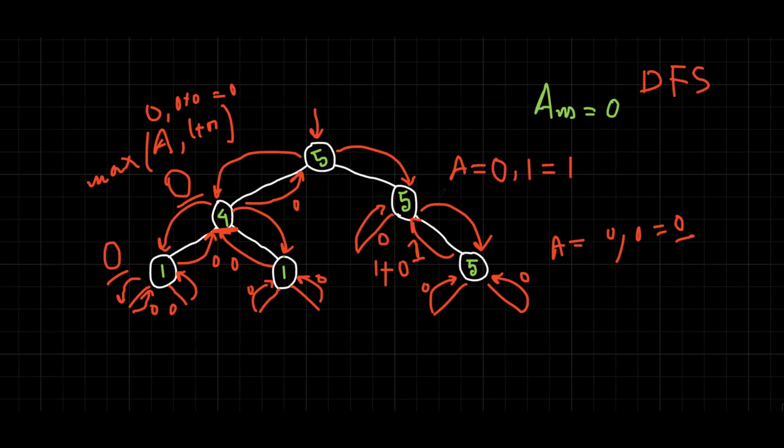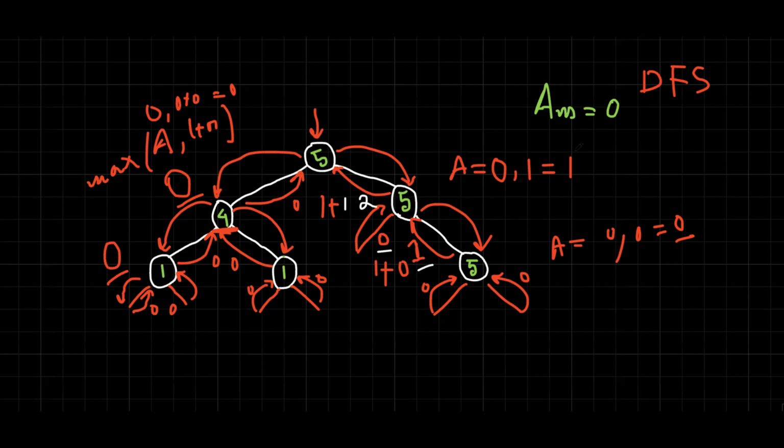So the answer will be 1. That means for this path, there is 1 edge between the similar value nodes. And this 5 will return the value 1 plus the maximum of left and right, that means 1 plus the maximum of 0 and 1, which is 1. That means it will return the value 2.